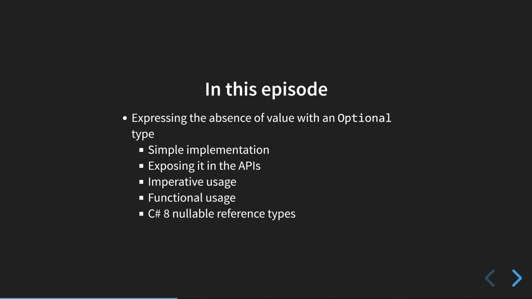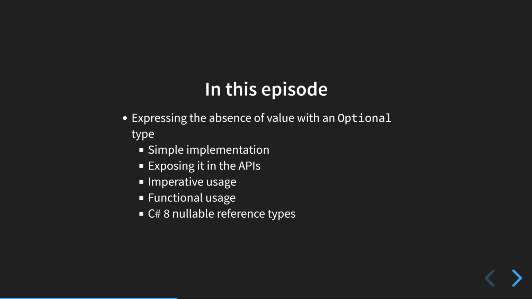So we could, for instance, using EF Core, when we find by ID and we get the value, but it might be null, but we don't know that it might be null just by looking at the signature of the method.